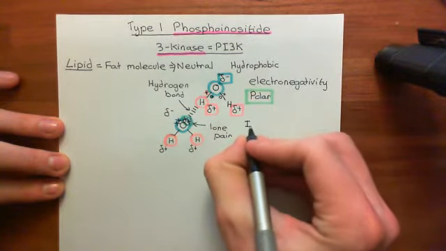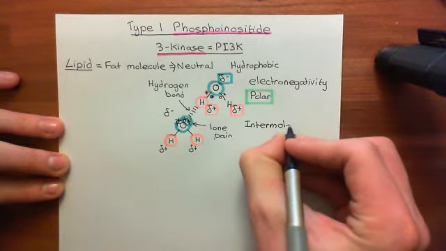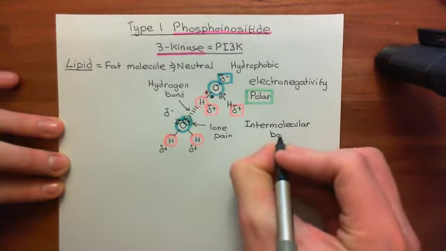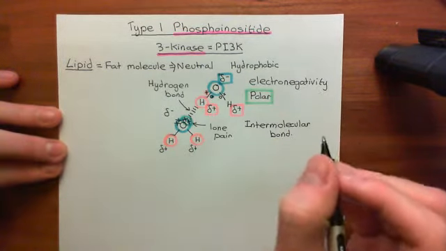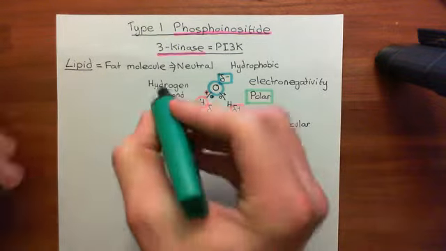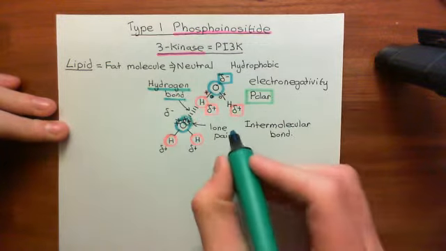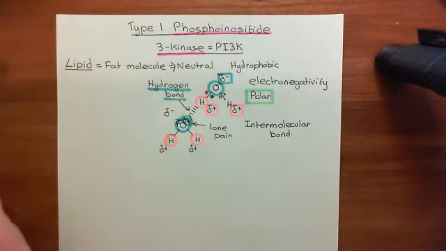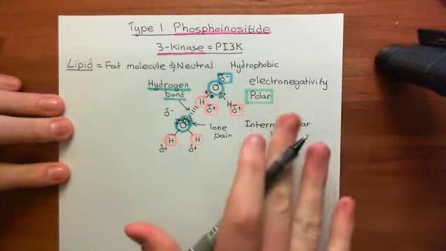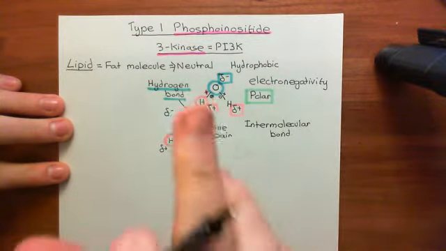For an intermolecular bond, this is an extremely strong one. So this is good. Water molecules like interacting with other water molecules because they can form these strong hydrogen bonds. So if you put loads of water molecules together, they interact in this very strong way.